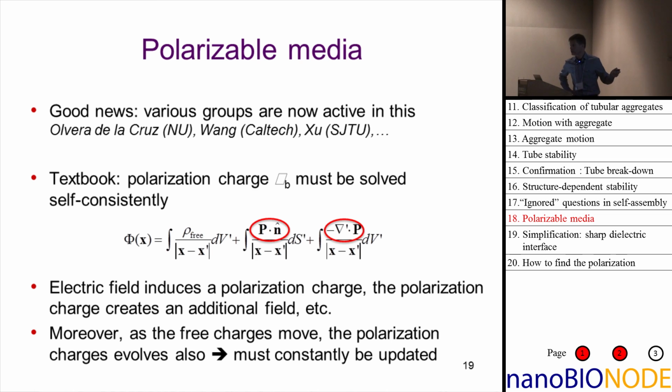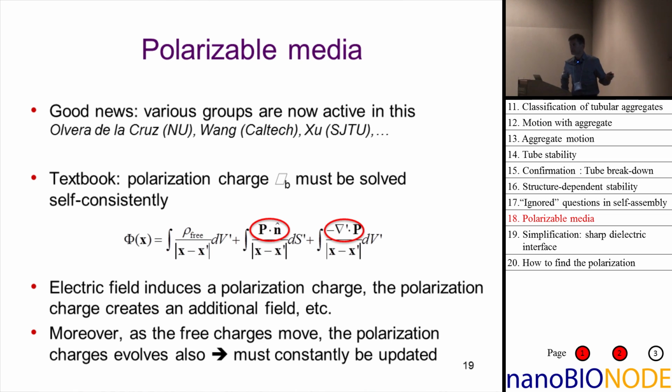We have an electrostatic potential, and we all know that it can be computed from the charges in the system. If you know all the charges in the system, you can compute electrostatic potential anywhere else. And maybe you haven't seen it in this form, but it basically means you look at every charge and you look at the distance to those charges, and that's all there is. But there are two more terms, and they depend on the polarization.